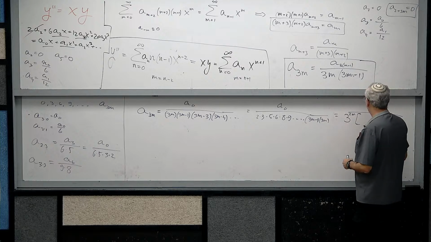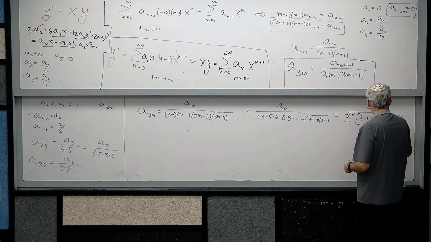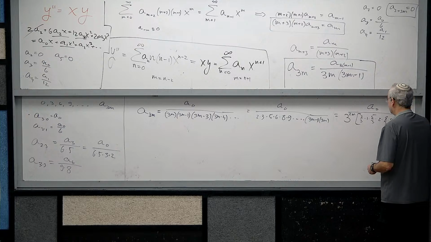So what I will have is 2/3 times 1 times 5/3 times 2 times 8/3 times 3 times, up to, 3m minus 1/3 times m.